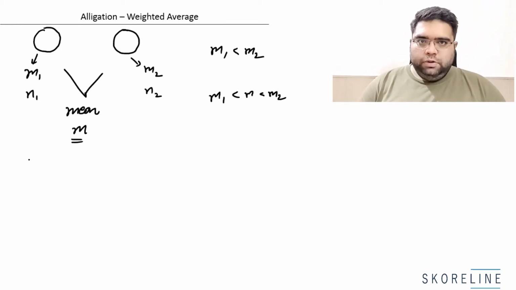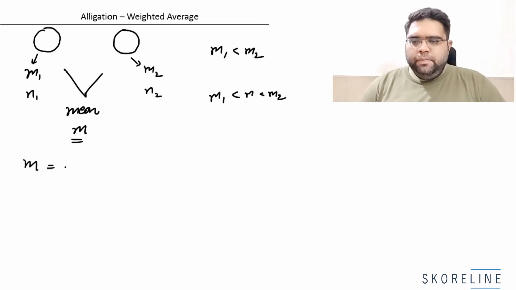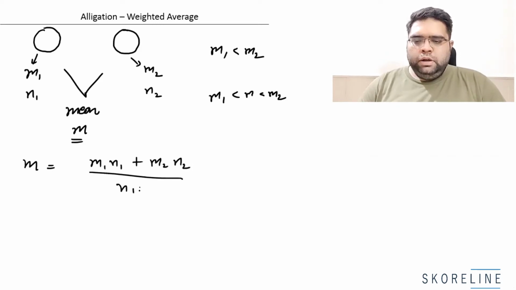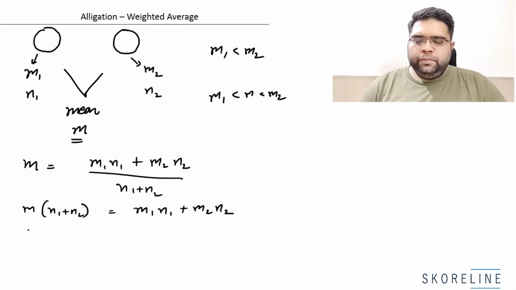Now, our formula for the weighted average is M is equal to (M1 N1 plus M2 N2) upon (N1 plus N2), right? Let's take the denominator on the left side, (N1 plus N2) times M, right?